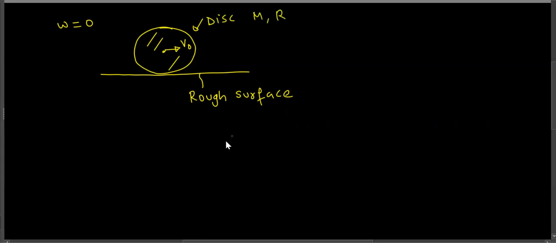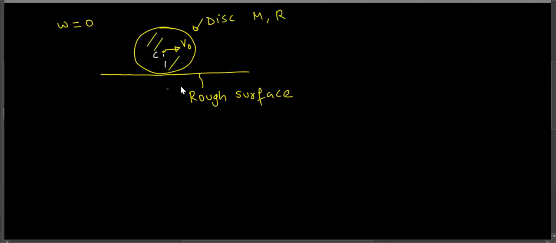Now, in this case, what will happen if you give only center of mass velocity v naught? In the beginning, every particle of the disk will have that velocity to the right. So even the points which are touching the ground will have that velocity to the right.